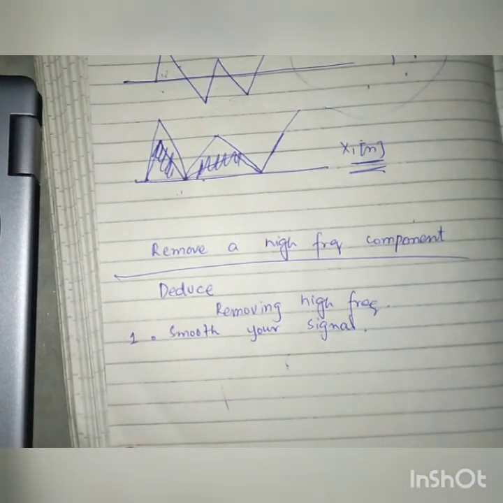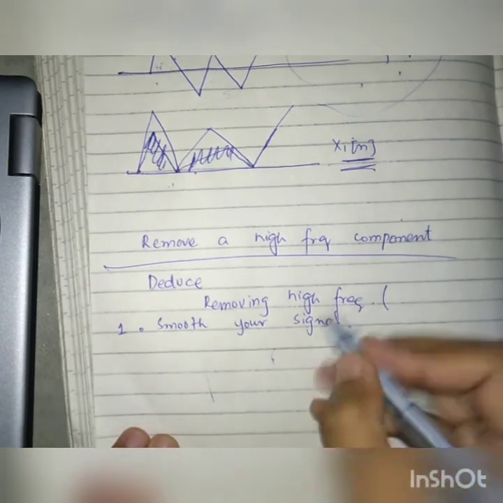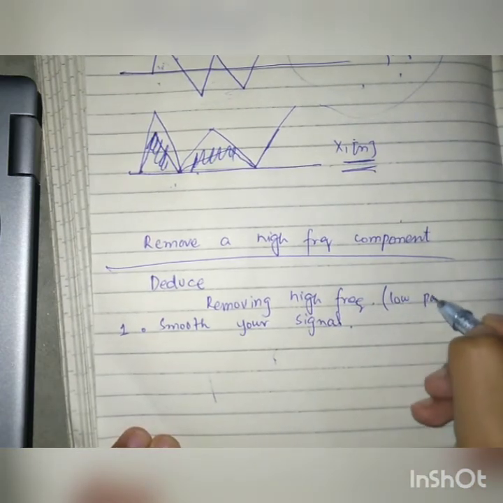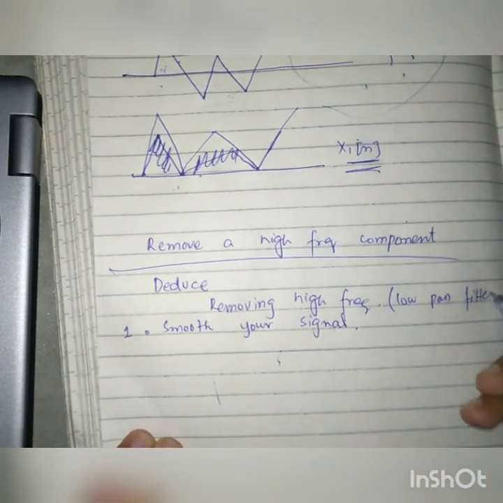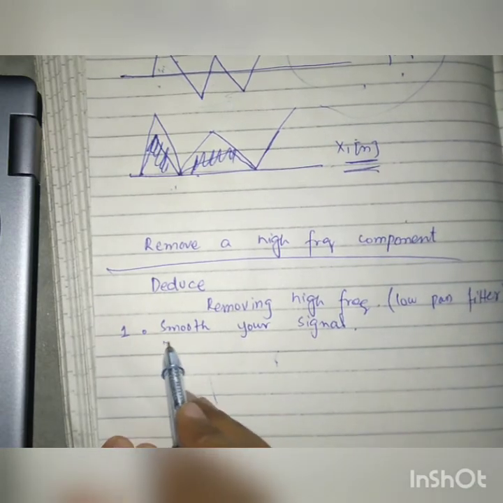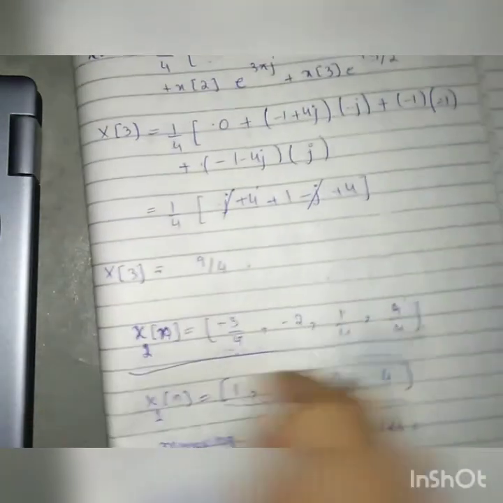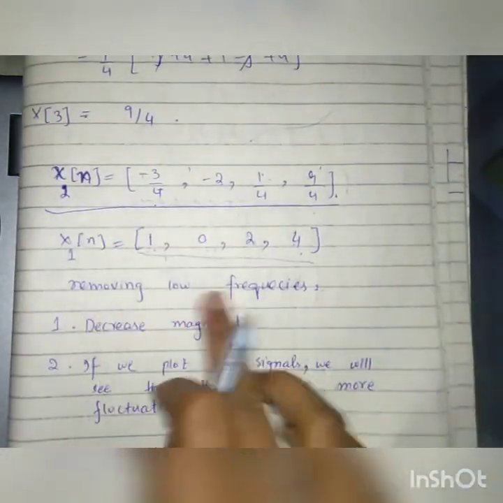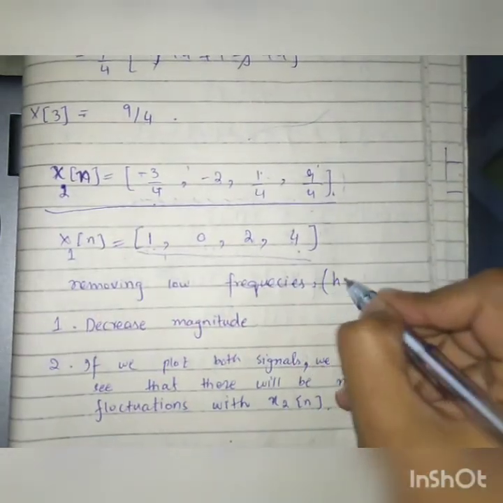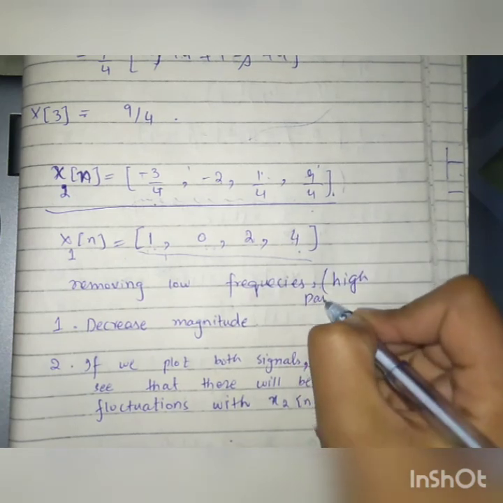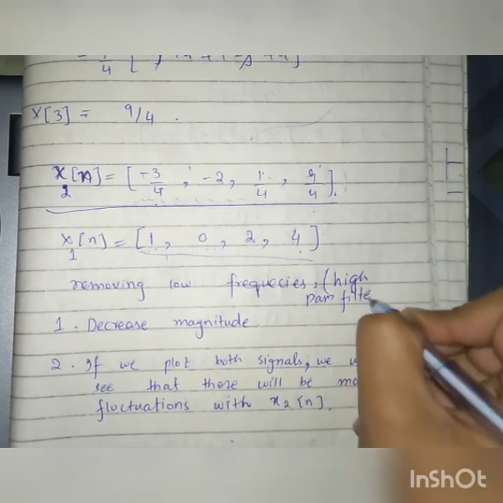So if more fluctuations are removed your signal will be smooth, and removing high frequency means you are going to apply a low pass filter. And also here, when we remove low frequencies, this is a high pass filter.